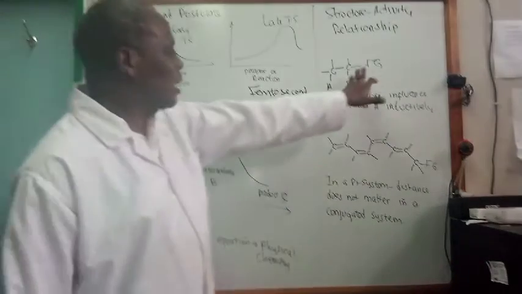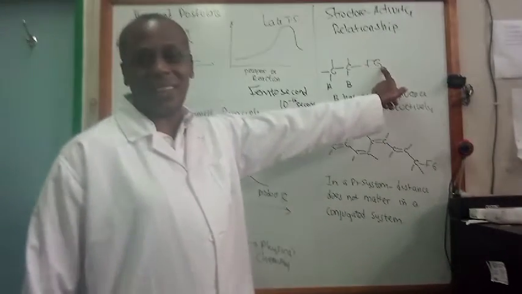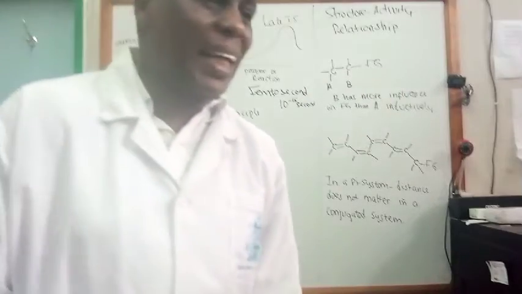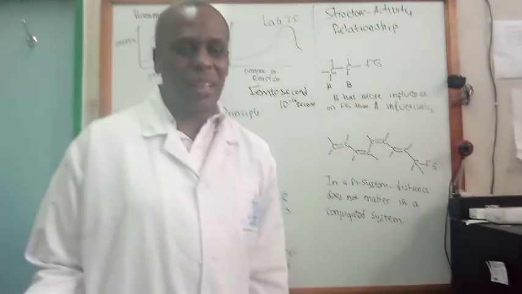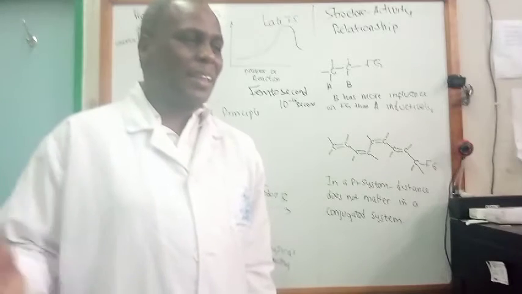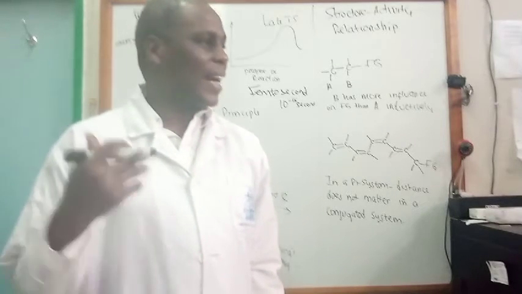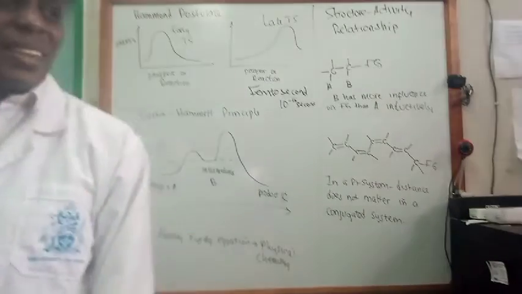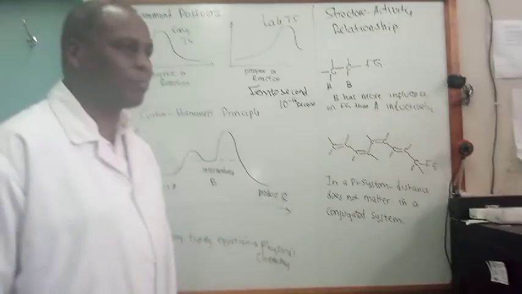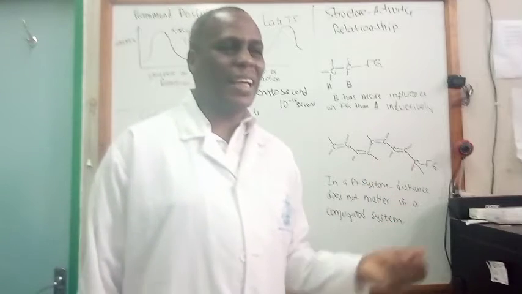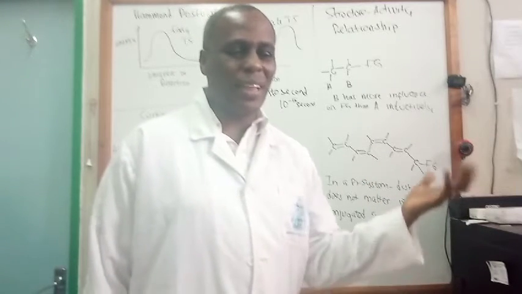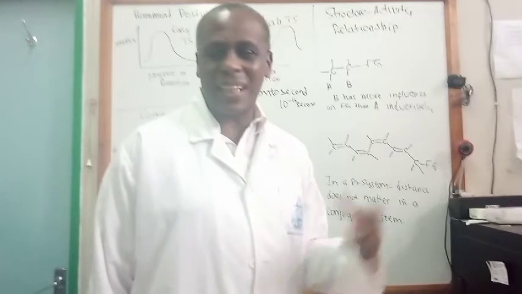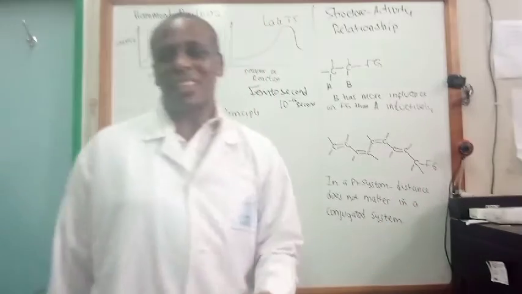So if I'm talking about a carboxylic acid, then the ease with which that carboxylic acid loses a proton will make it either a strong or a weak acid. So that is the functional group. Or in this case, you can be talking about what? Something like an aldehyde, or an alcohol, or an alkyl halide and the rest. So that's the functional group.